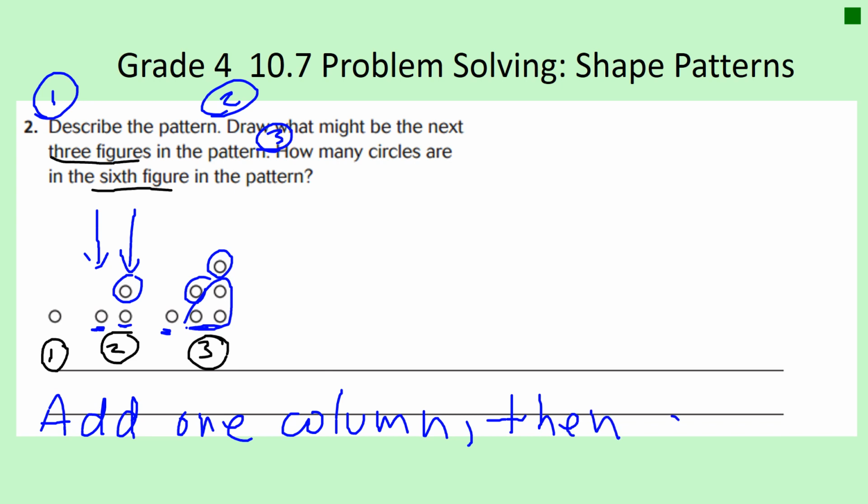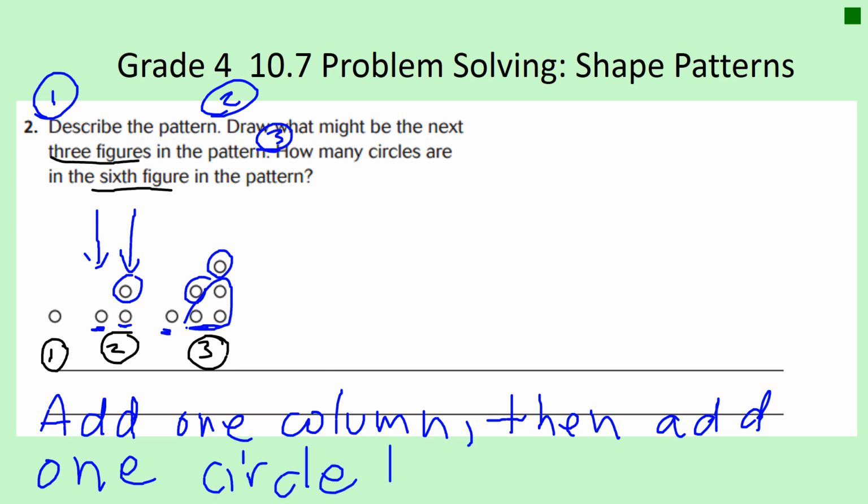Then add 1 circle to columns that were already there. I'm not going to be able to fit that.